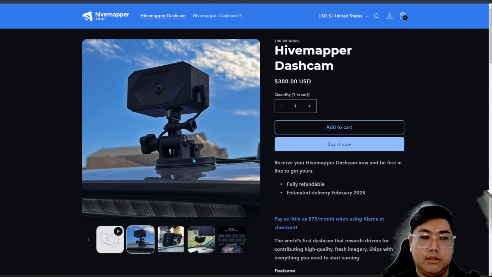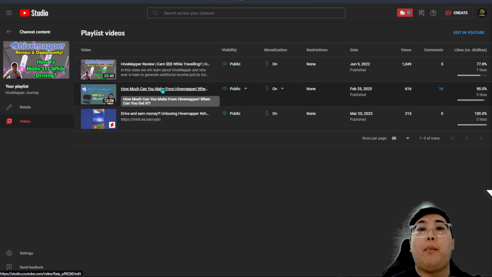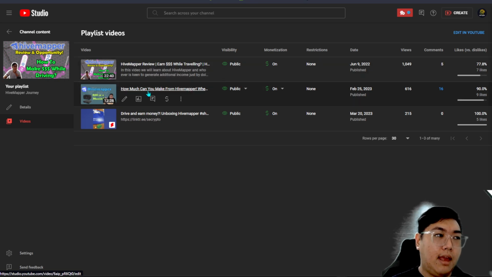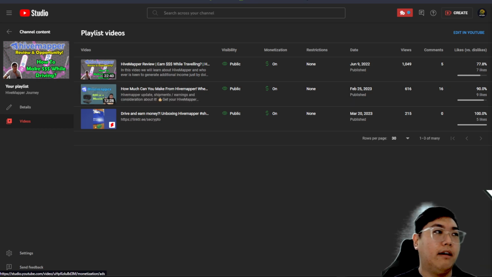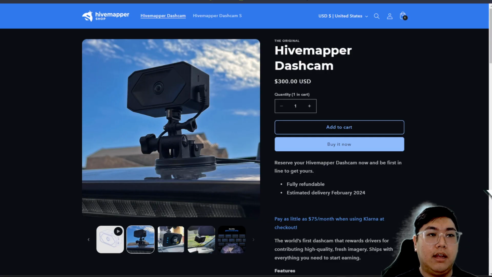So for those who are thinking, previously I've talked about the HiveMapper, talking about, oh, you can use your bicycle, you can use your scooter to do the Hive mapping. That I believe you can do if your imagery is stable enough. So what do I mean by that? You might want to get a DJI tripod stand or whatsoever to stabilize it if you are going to go on roads that are pretty bumpy.